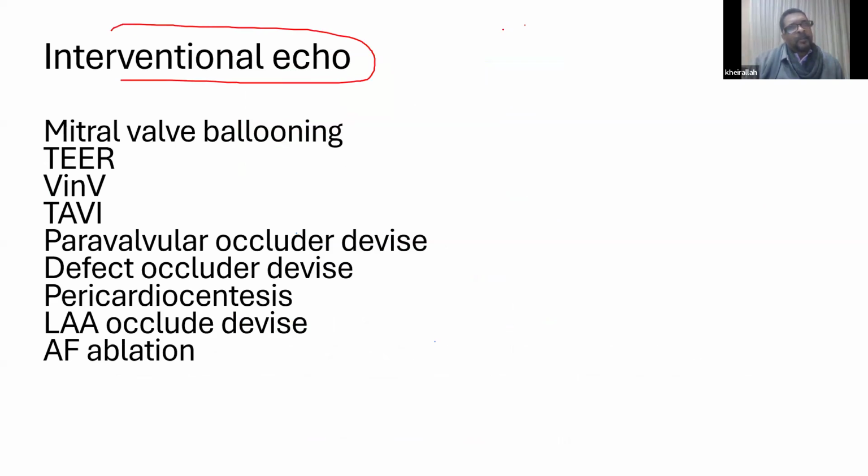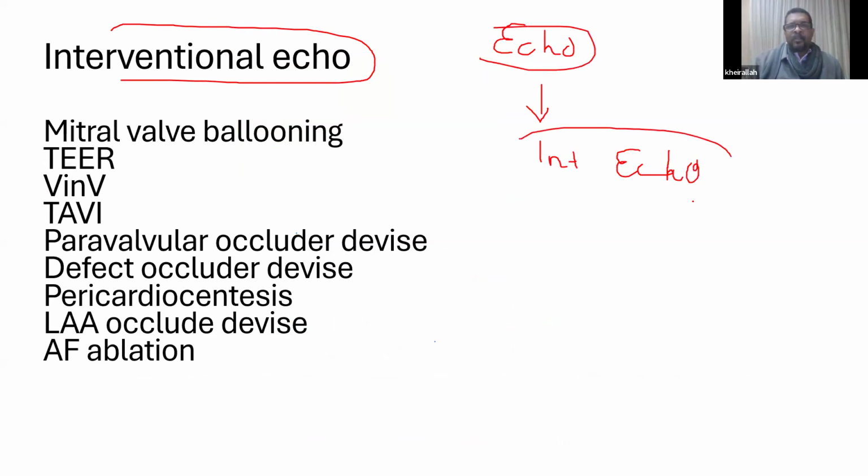Now, when you complete an echocardiography fellowship program, there is a program after it, which is a 1-year program. It's about structural heart disease intervention echo, which is interventional echo. Because they found that after echo you need some kind of sub-specialization for special procedures.